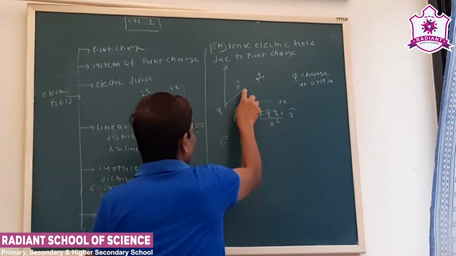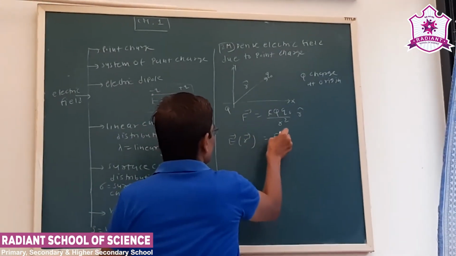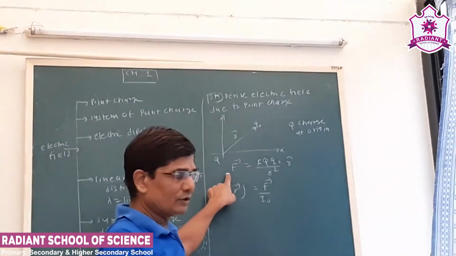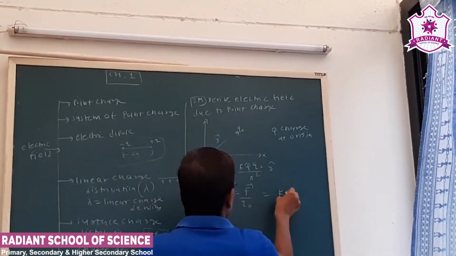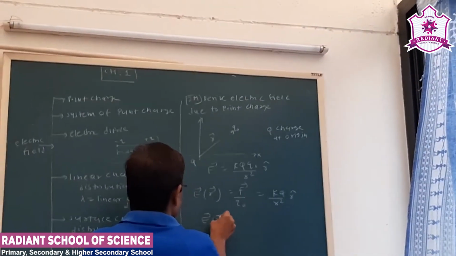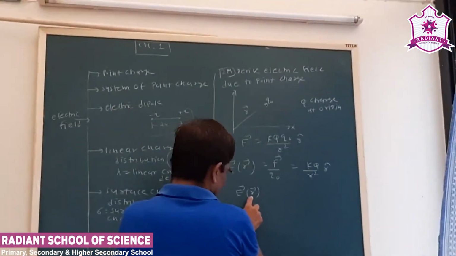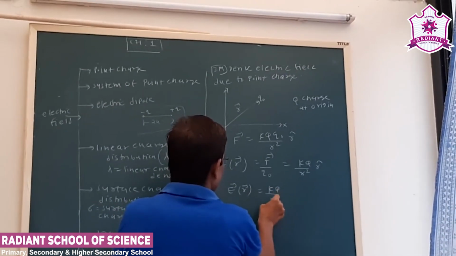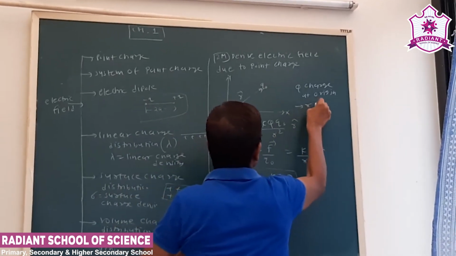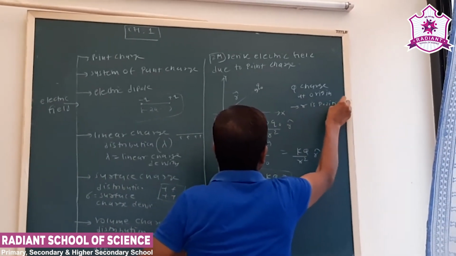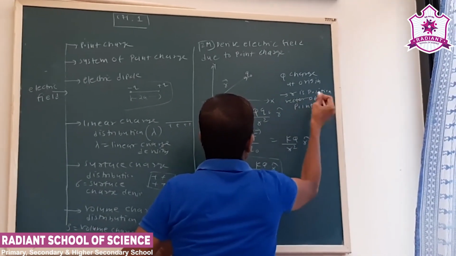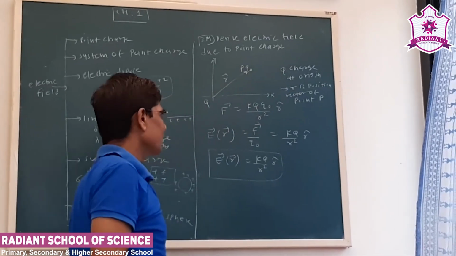electric field at position vector R will be F upon Q0. So in that case, our Q0 will move to the denominator. That will give KQ upon R square into R caret. So the electric field at the point with position vector R is given by KQ upon R square into R caret. See, R is the position vector of point P, where we have to find the electric field.